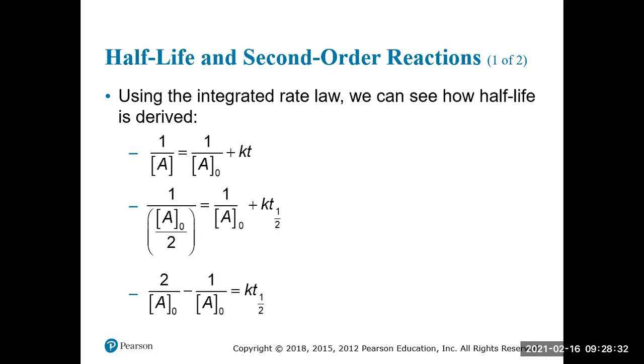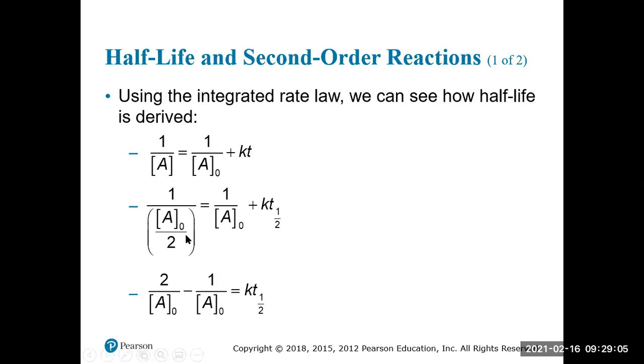Okay, for the first order reaction, we talked about how we could do some rearranging and calculate the half-life time. And so we can do the same thing for second order reactions. So here's our formula: 1 over A equals 1 over A sub 0 plus KT. And then we start doing that rearrangement.